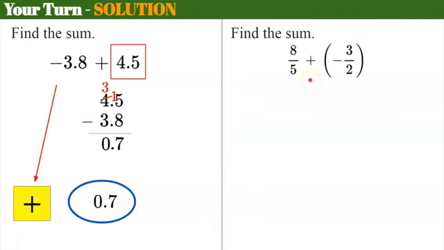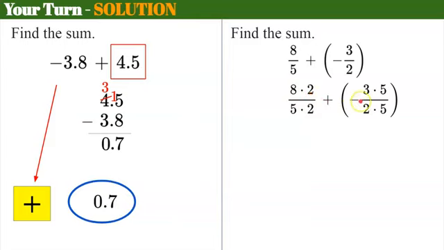Let's check your fraction. So before I can determine which has a larger absolute value, I need to get a common denominator because I cannot compare when they don't have the common denominator. So we're going to get a denominator of 10. 5 times 2. They're both prime. So if I multiply 5 by 2, I must multiply 8 by 2.